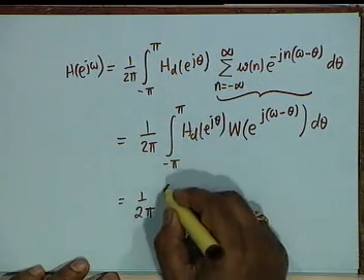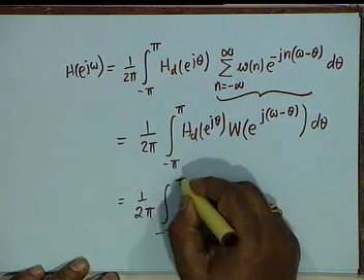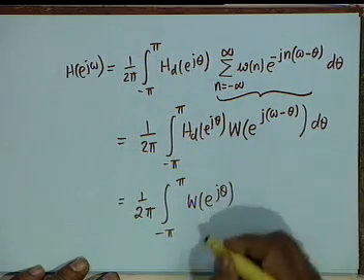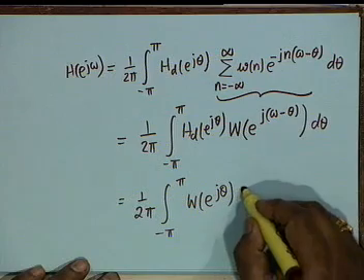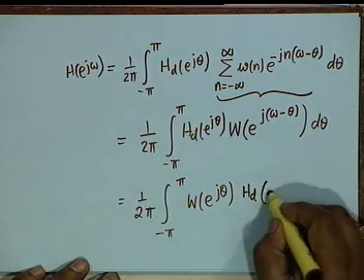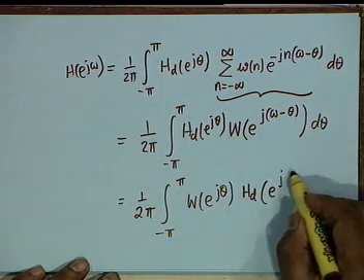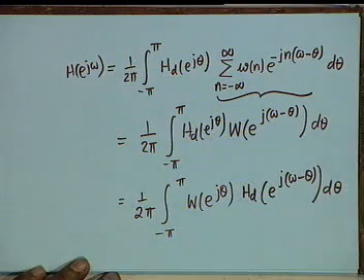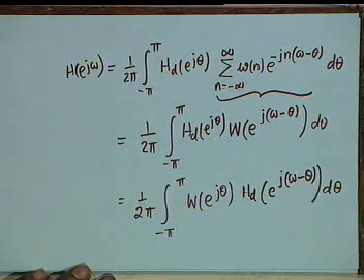I can also write this as 1 over 2π. Because it is a convolution, I can write this as W(e^(jθ)) H_d(e^(j(ω minus θ))), because the convolution operation is commutative.